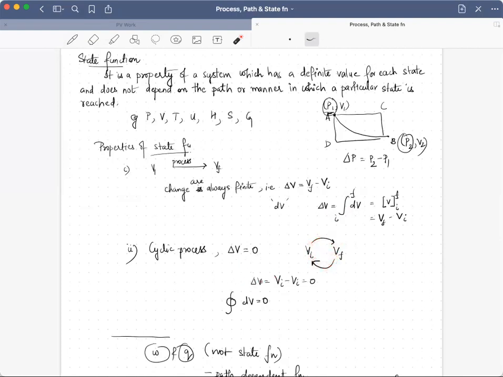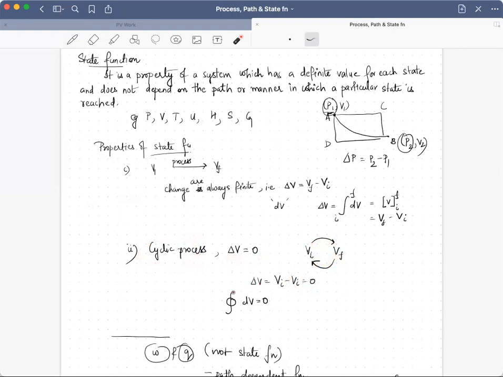In such cases, the finite change would be simply equal to 0. That is pretty understandable because here the initial volume is Vi, and in a cyclic process the change has come and it has reverted back to its original position. So the final volume is also Vi, and Vi minus Vi would be equal to 0. That is why when it is a cyclic process, the finite change is equal to 0.